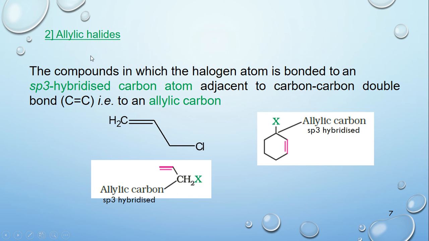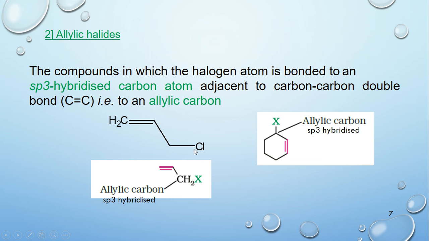The second one is allylic halides, the compound in which the halogen atom is bonded to sp3 hybridized carbon atom adjacent to carbon-carbon double bond, that is to an allylic carbon. Look at the structure. In this structure, we have halogen Cl.